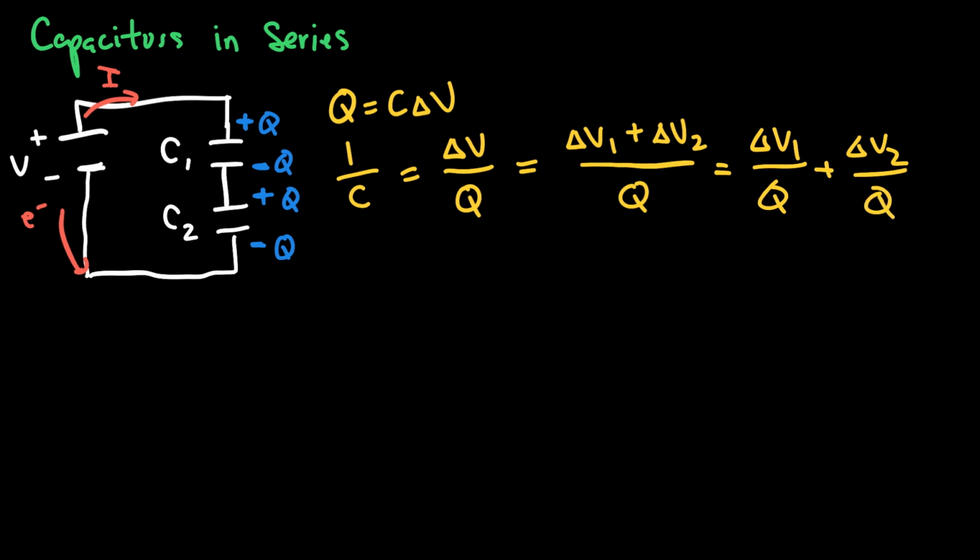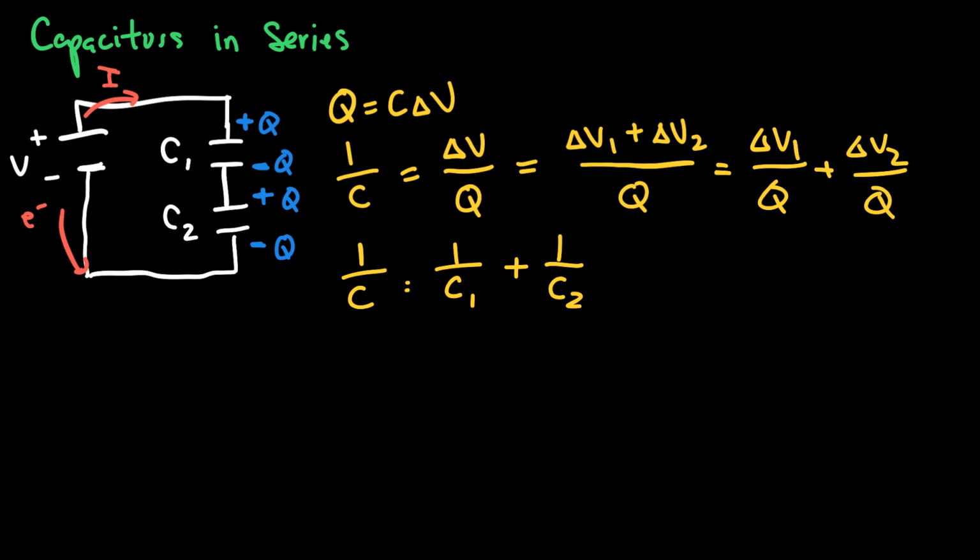If I look back up at the equation that relates Q, C, and delta V, I could write this as 1 over the total capacitance is equal to 1 over C1 plus 1 over C2. And the reason for that is I know that 1 over C is equal to voltage divided by charge, and that's what we're staring at in those terms on the right-hand side.